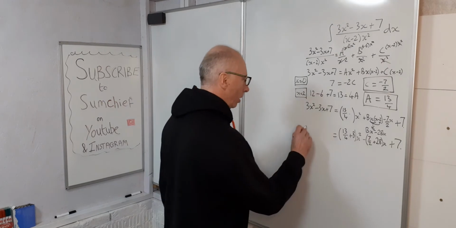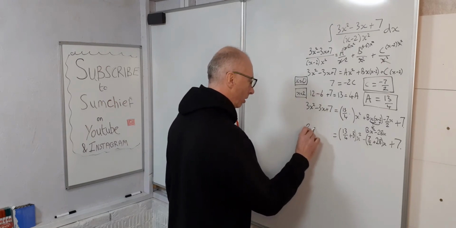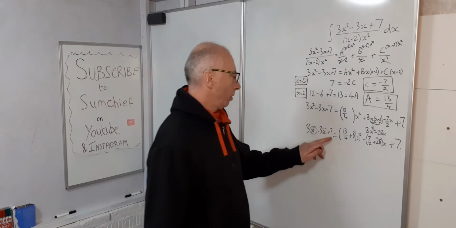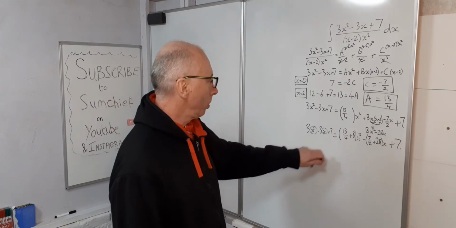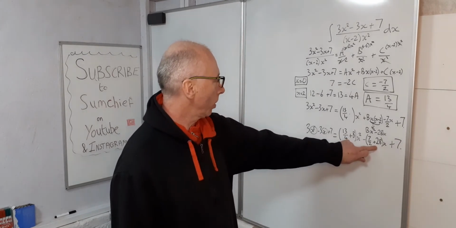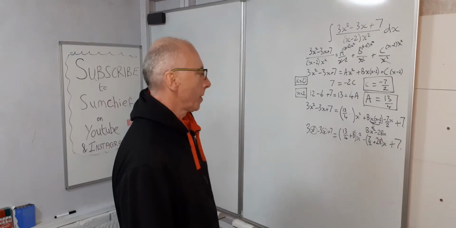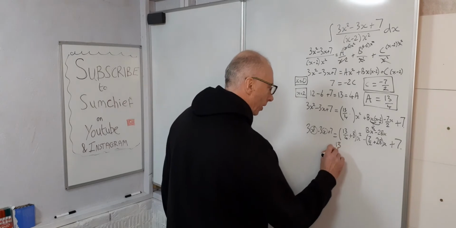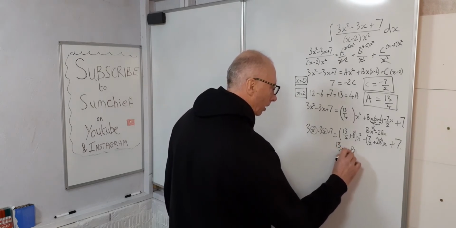Okay, so now we check the coefficients. So for the x squared, we have a 3. For the x, we have 3. And plus 7. Well, the plus 7 we know is there, so that's equal. So now what we should get is that this one equals 3, and this one also comes to 3. So let's pick this one. 13 over 4 plus b equals 3.